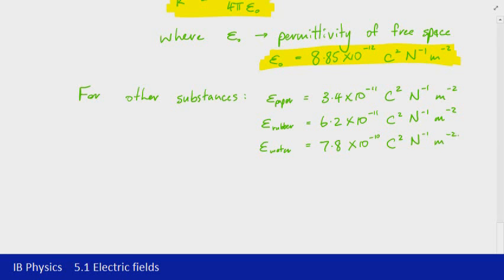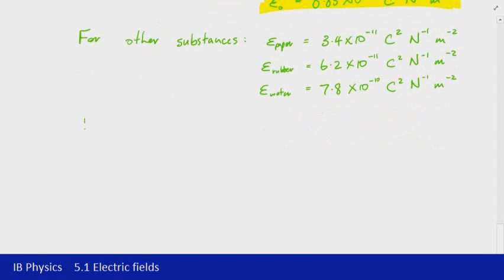So there are some values for the permittivity of other substances, and you can identify that for higher epsilon, K will decrease, and if K is lower, the force will be smaller. So if the charges are the same and the distances are the same, but you've got a different substance, the higher the permittivity, the weaker the force will be between them.